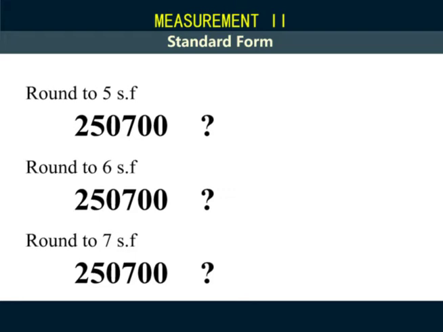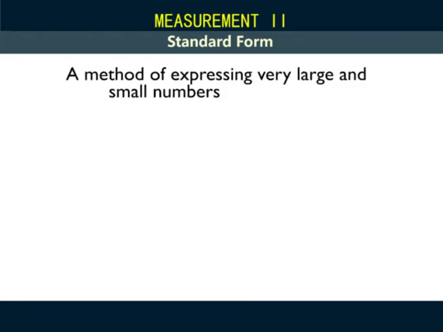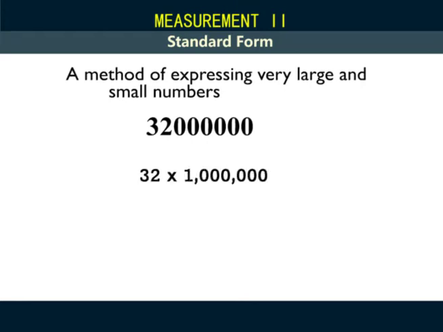To remove this ambiguity, numbers are reported in what we usually call the standard form or scientific notation. Standard method is just a way of expressing very large numbers or very small numbers. Consider this number, 32 million. We can write it in expanded form as 32 times 1 million.